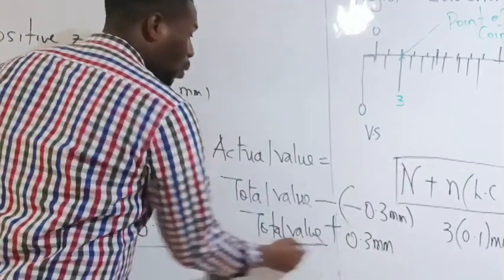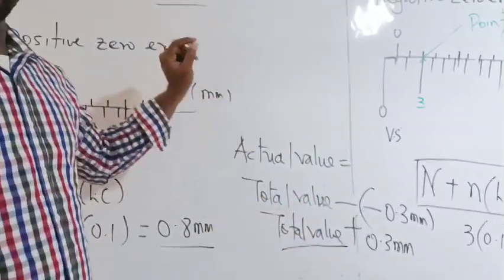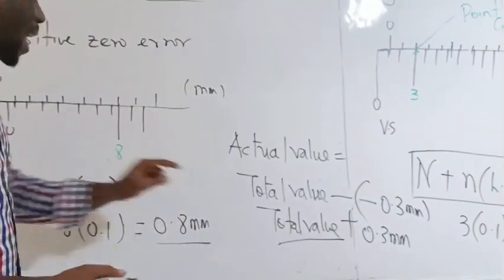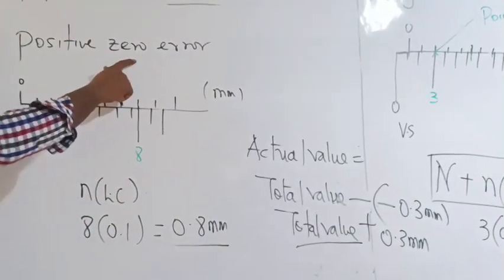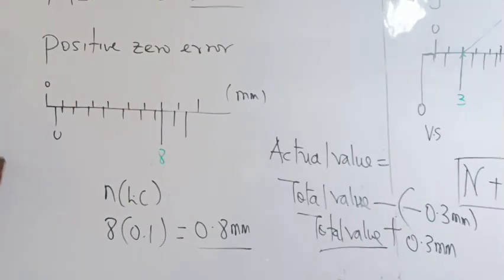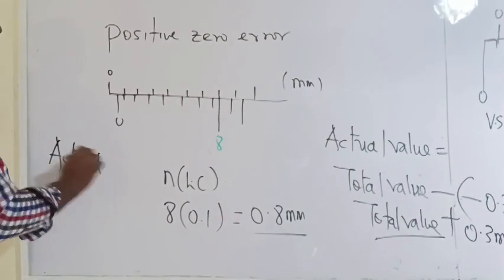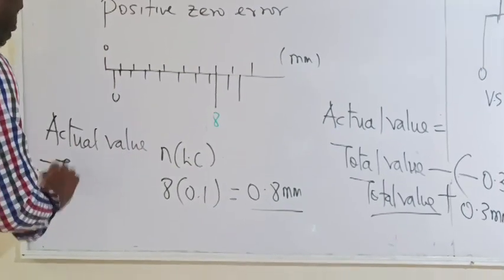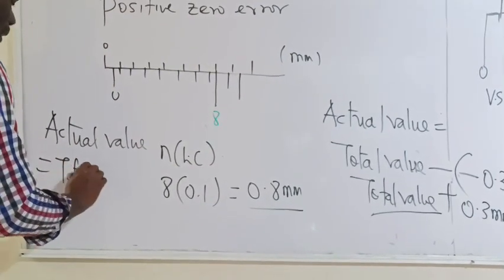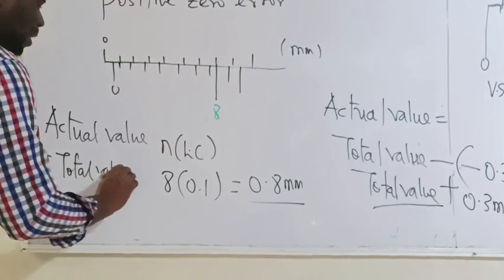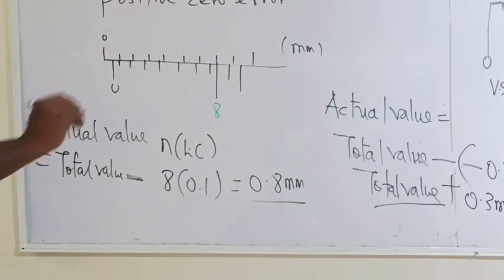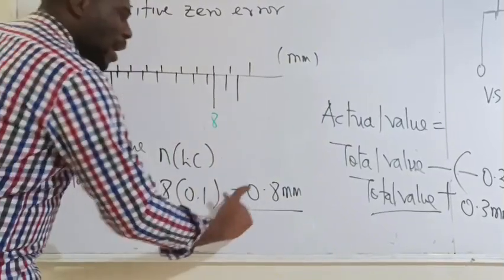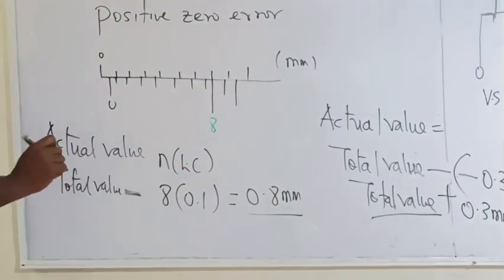Of course, we could not tell what the total value of the object is at the moment, since we haven't measured it. But what if it had been a positive zero error? The actual value of the object would be the total value, which you would see how to measure shortly. There's already a minus here, but the positive zero error in this scale is a plus 0.8 millimeter.